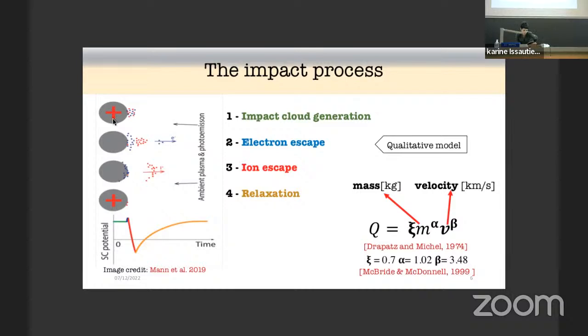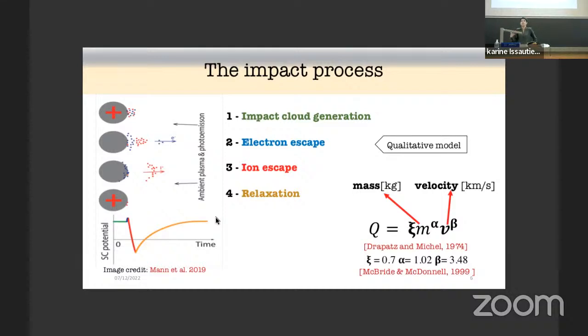Since the spacecraft is positively charged, the electrons will be attracted by the spacecraft, though a portion of them will manage to escape. This small blue part is due to the escaped electrons. After that, ions will also escape from the spacecraft, which is what we expect. At one point, the spacecraft will try to go back to equilibrium. So this is the qualitative model.